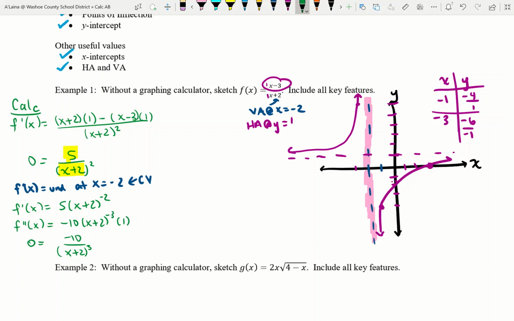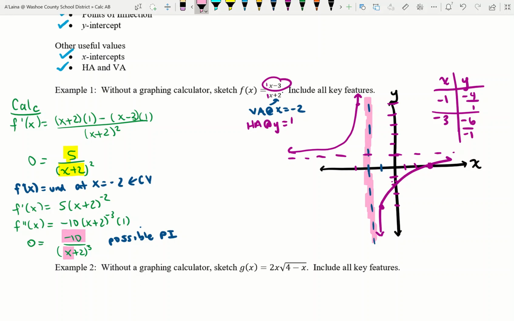Now again, our second derivative is going to be particularly useful for finding possible points of inflection. There are only possible points of inflection until we check for a sign change. And so for the second derivative, the possible points of inflection could occur where the second derivative is equal to 0, which is not possible in this instance because there is no variable in my numerator, and the numerator would only ever equal -10.